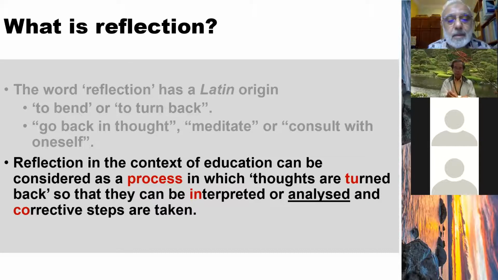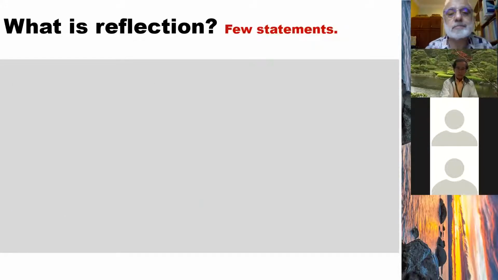Thoughts are turned back and then they are interpreted and analyzed, and then corrective steps are taken. So at least 3 steps where there is thinking about an incident or event, picking up the shortcomings by analysis, and then taking the corrective actions. So this is a complete process, and it should be understood in that manner.